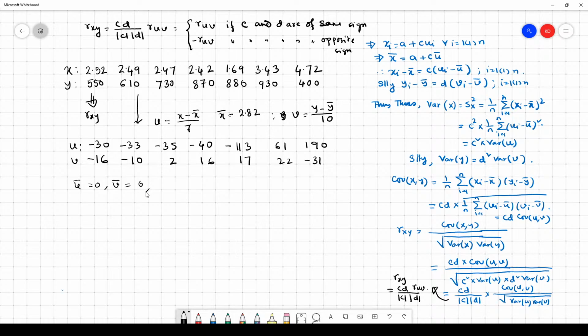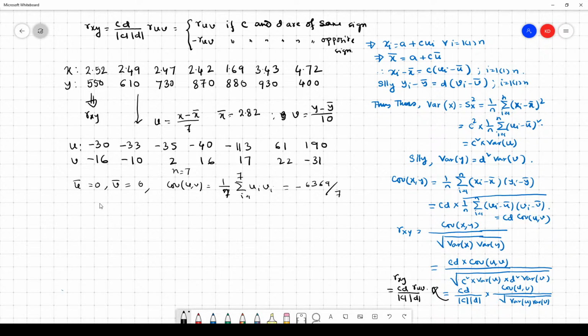So covariance of u comma v is nothing but 1 by n, where n is 7 since I use 7 paired observations. So 1 by 7 sum of ui vi, because u bar and v bar are both 0. This is equal to minus 6369 by 7.